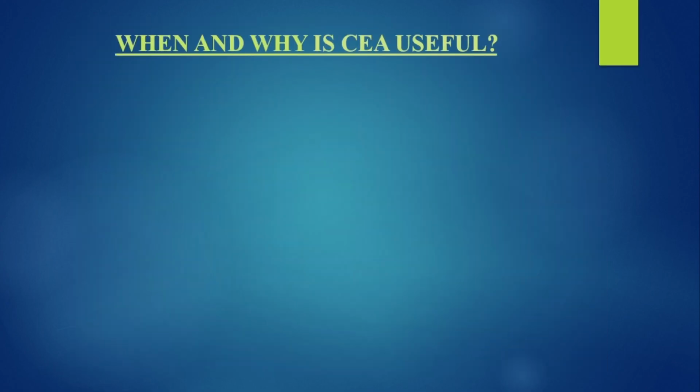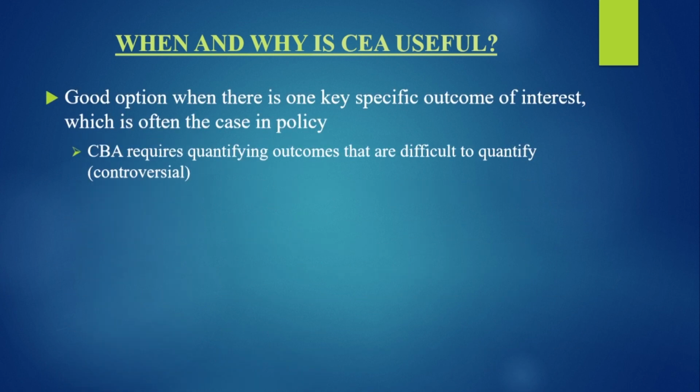When and why is cost effectiveness analysis useful? First of all, it is a good option when there is one key specific outcome of interest, which is often the case in policy. Cost benefit analysis requires quantifying outcomes that are difficult to quantify or controversial.